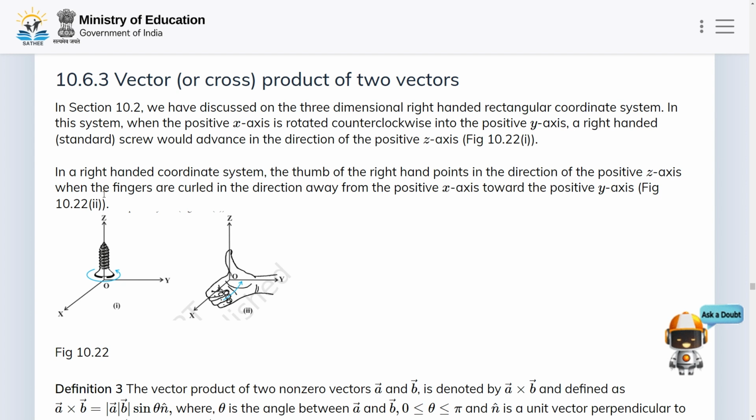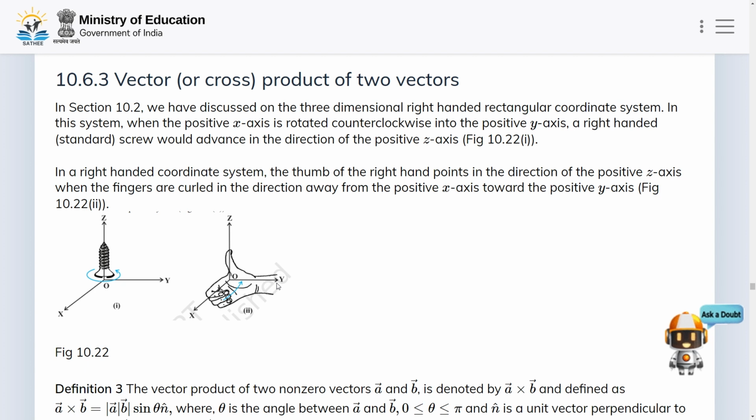Clear? And when the fingers are curled in the direction away from the x-axis, you can see you are having your right hand. When you are trying to curl your fingers, this means you are taking your fingers away from the x-axis but closer to the positive y-axis.